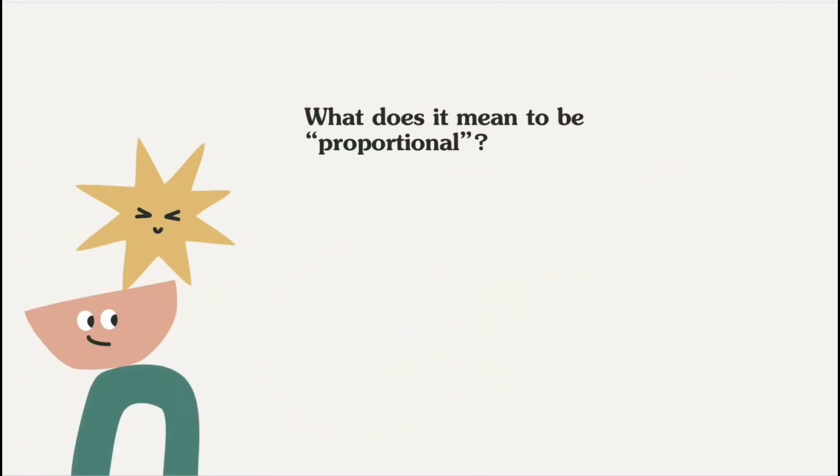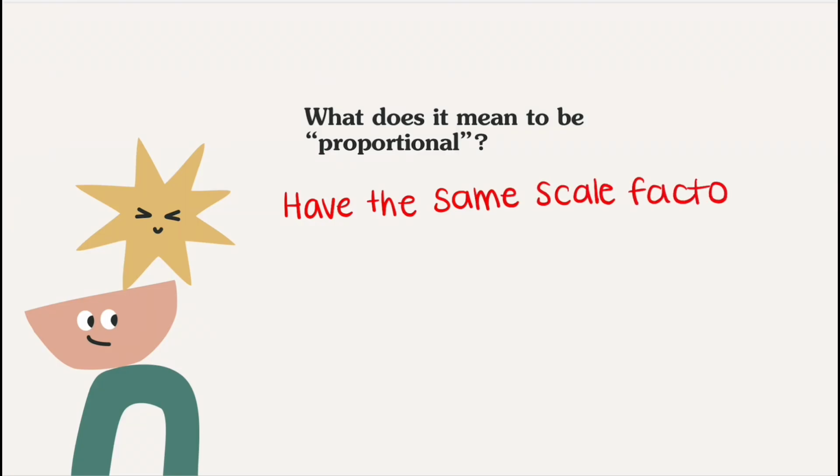This leads us to the idea of proportionality. We want to talk about what it means to be proportional, and you've probably heard this word in daily life, but in math we have a special definition: it has the same scale factor from the original to the new.